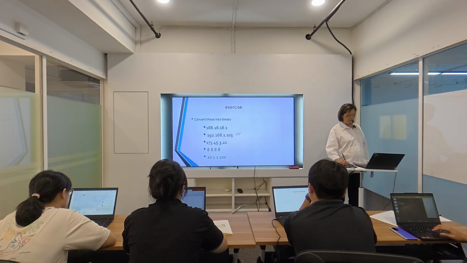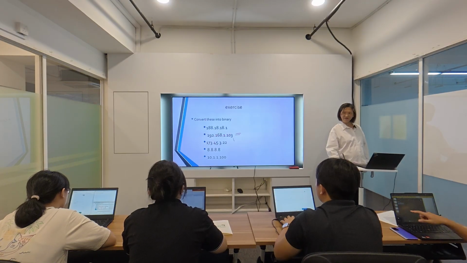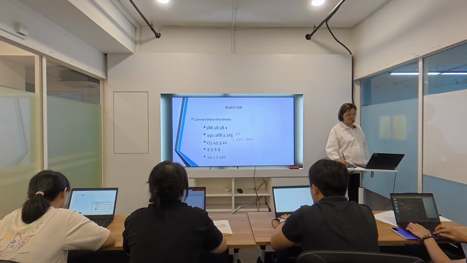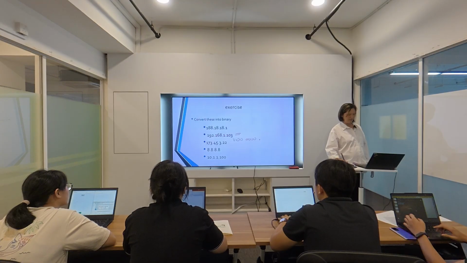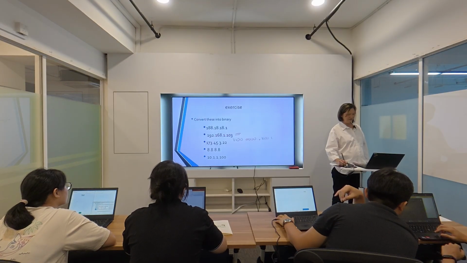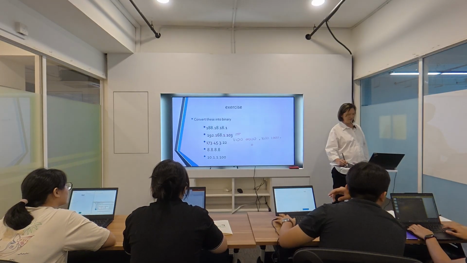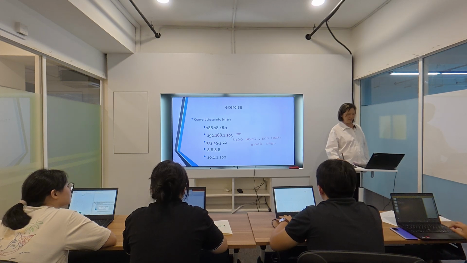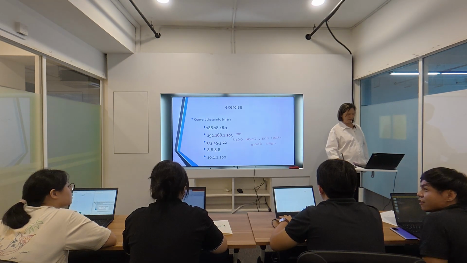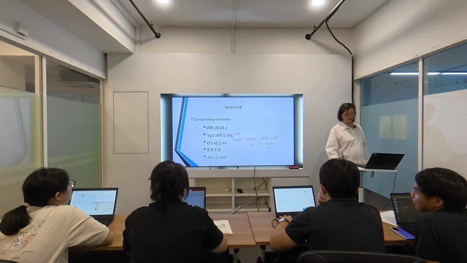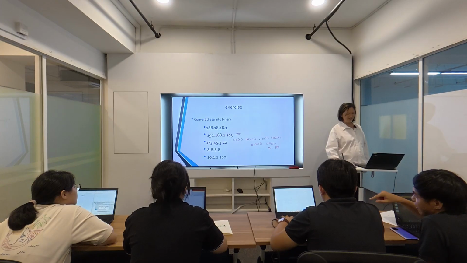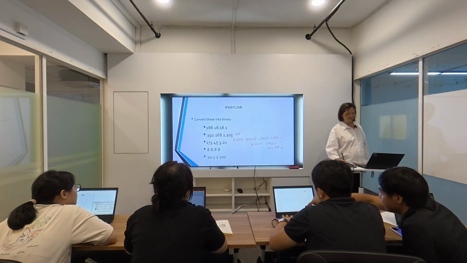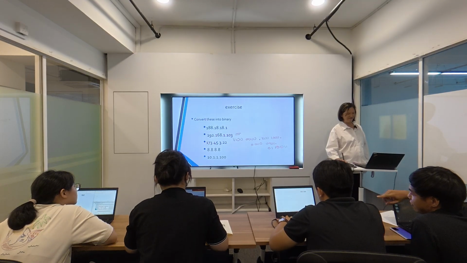192 is 1 1 0 0 0 0 0 0 dot 1 0 1 0 1 0 0 0 dot 0 0 0 0 0 0 0 1 dot 0 1 1 0 0 1 1 1.